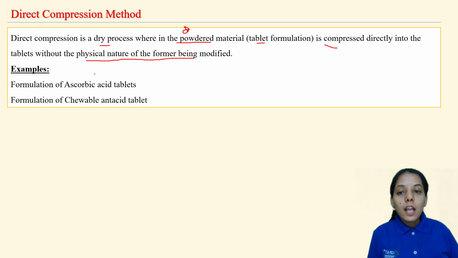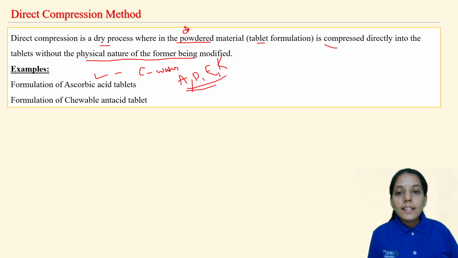The examples are formulation of ascorbic acid tablets. Ascorbic acid is vitamin C, which is water soluble. Remember, there are water soluble vitamins and oil soluble vitamins. The oil soluble ones are A, D, E and K, whereas the other vitamins are water soluble.